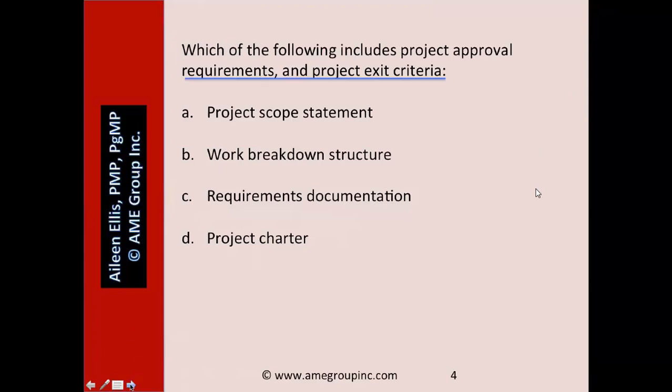Since the focus in the question is on the project and not on the deliverables, project approval. It doesn't say deliverable approval. It doesn't say deliverable acceptance. Where do we list project approval requirements? Let's look at the 4 choices.